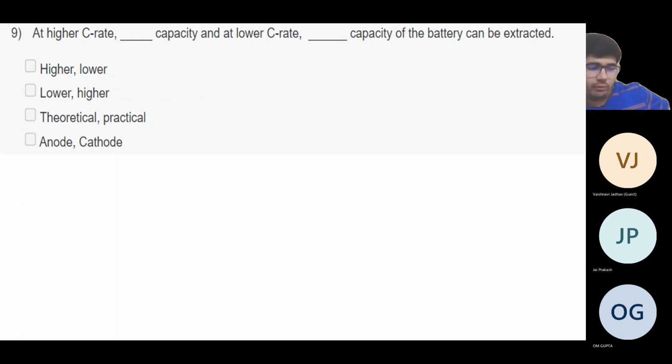So if you are using high C rate, it is inversely proportional to time, and if you are using low C rate, there is a difference in time to use that capacity. So if you are using different C rates, there will be different implications also. Try to think from that perspective.